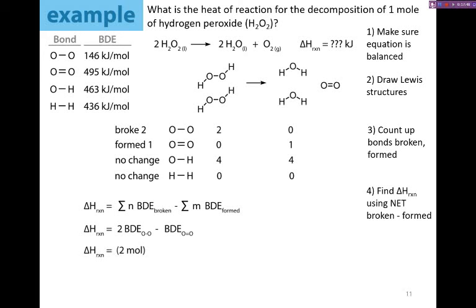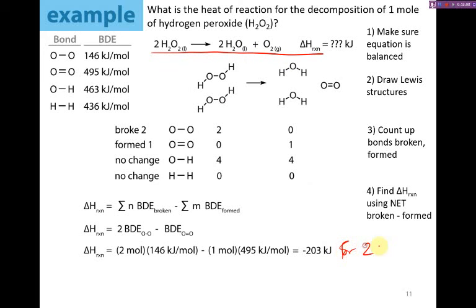When we plug in our values, we get a total enthalpy of reaction of negative 203 kilojoules. This is the enthalpy of the reaction, meaning it's written as is. So that's for 2 hydrogen peroxide.